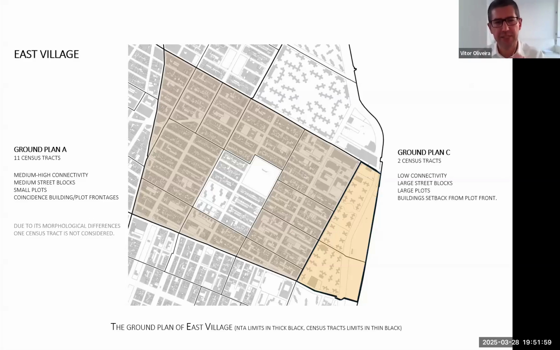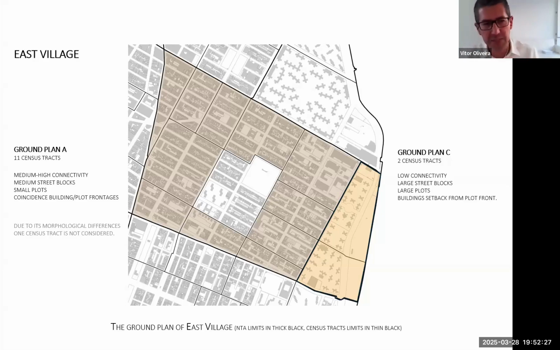And here you can see that the area of East Village is made of 14 census tracts. You see this one in the middle that was not considered because it was too diverse. But 11 of these census tracts, the ones that are in brown, can be classified as A, and the two that are in yellow can be classified as C.